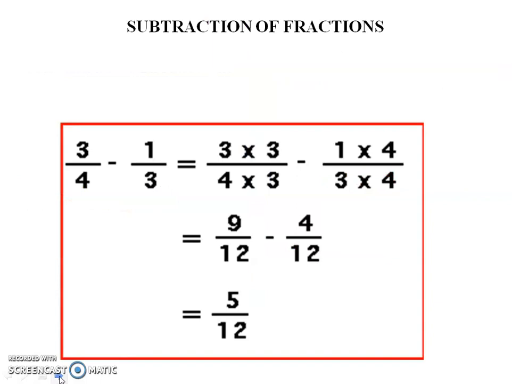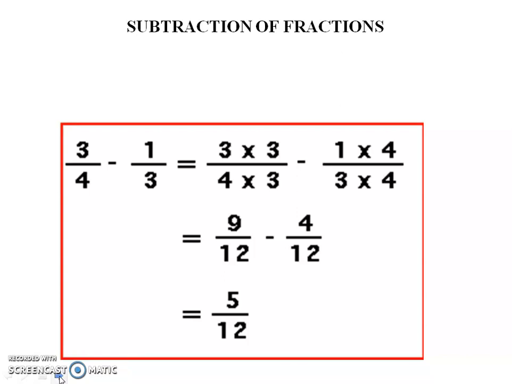Next one, subtraction of fractions. Here also you are following the same rules for addition. If the given fractions are like fractions, you will subtract the numerators and write the same denominator. Here in this example, you can see the fractions given to you are unlike fractions because the first fraction is having 4 as the denominator and the second fraction is having 3 as the denominator.